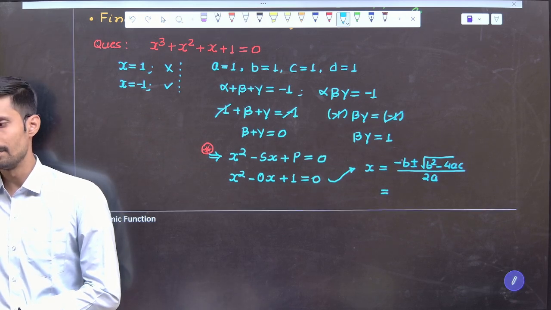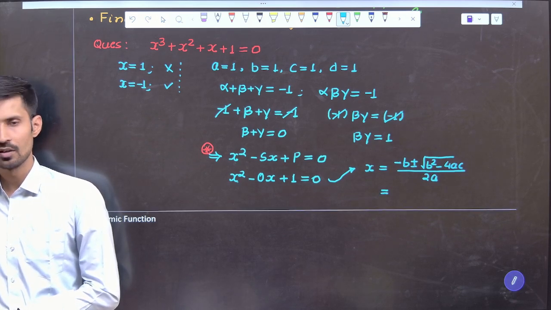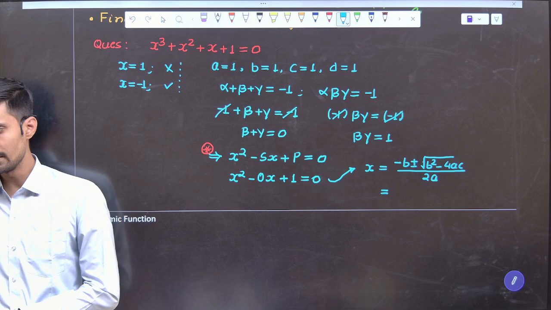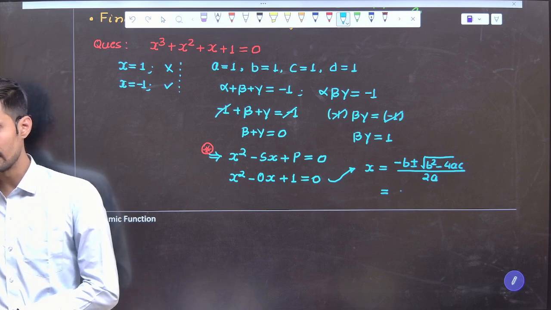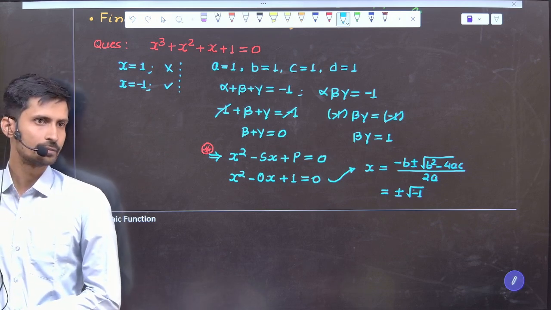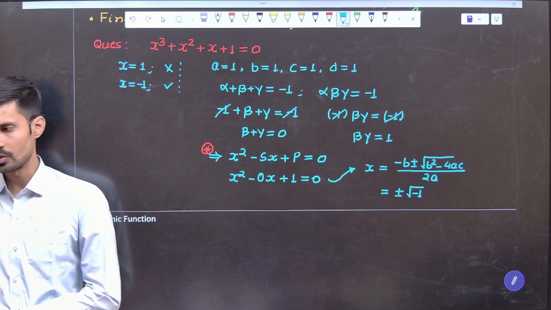And here b will be 0. What is a? 1. What is b? 0. What is c? 1. All these values I will put, and you know what you will get? Plus minus root under minus 1. You want to see the calculation? I will show you the calculation.